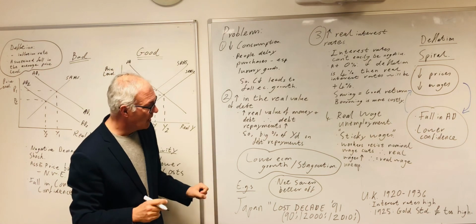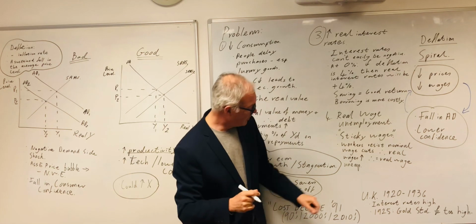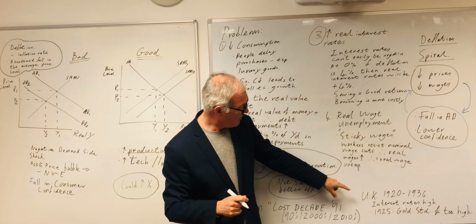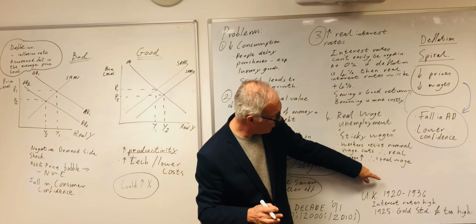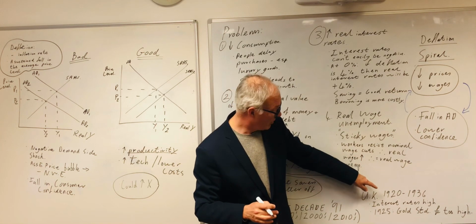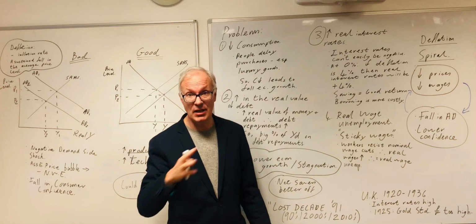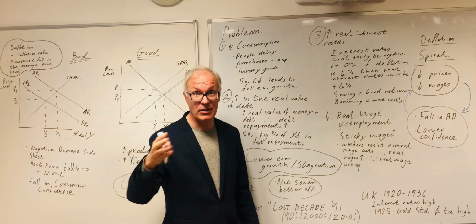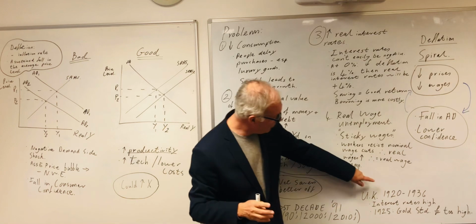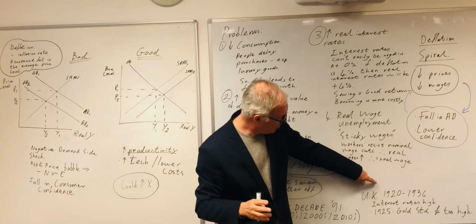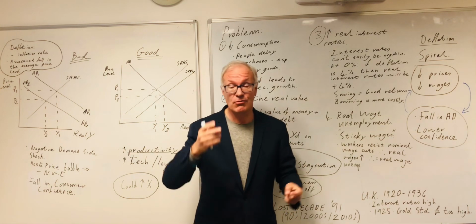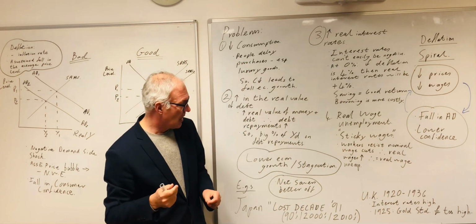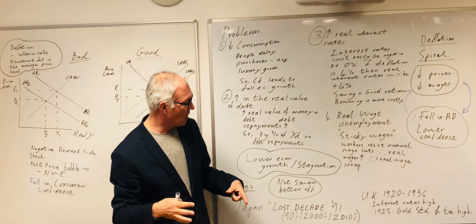Not great. Similarly, in the United Kingdom in the interwar period, there was a deflationary situation and phenomenon and low growth and a very high unemployment, over 1 million people unemployed throughout the interwar period. And this went on, the deflationary situation went on from 1920 to 1936. Interest rates were relatively high, and therefore that constrained demand.